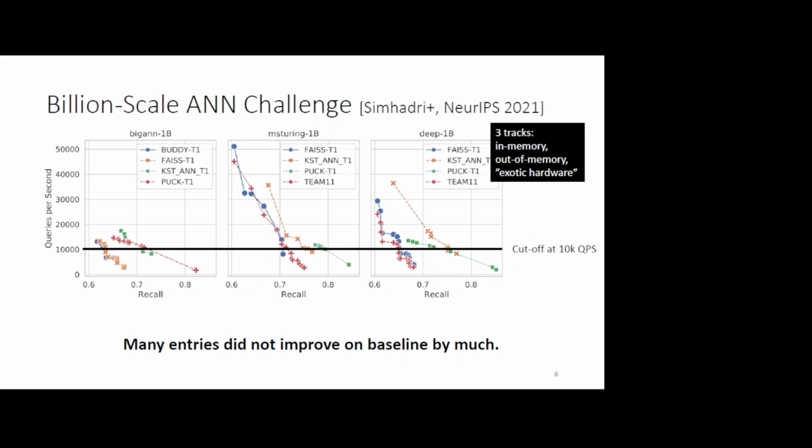Let's see the conclusion. Many methods did not improve the baseline too much. You can treat Faiss as our baseline. You see it's much lower compared to the medium scale data set, right?